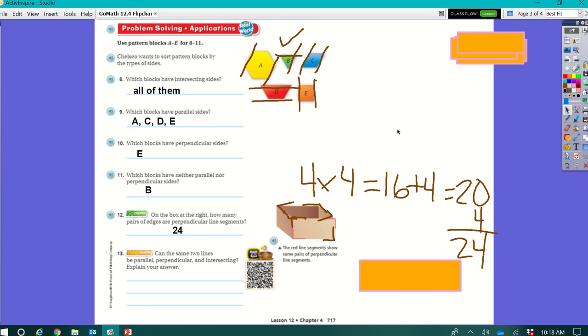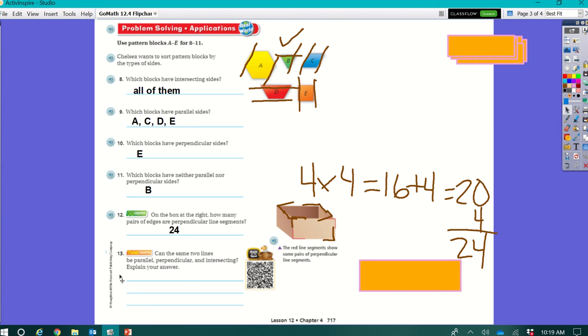So I want you to email me if you got that one right and let me know, or email me and let me know if that really confused you. Because like I said at the beginning, I thought, whoops, that it was only 20, but then I forgot about the angles at the top.